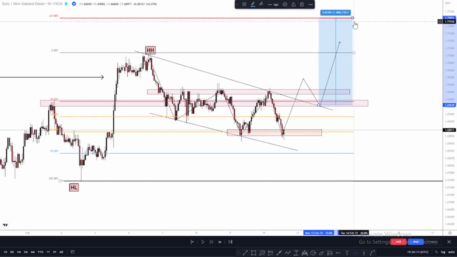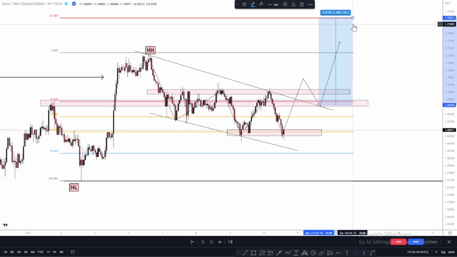This will be where we'll be targeting next for our take profit, probably our second take profit. So our first take profit will be at our 0% Fibonacci level, our higher high, and our second take profit will be at our negative 27 Fibonacci extension level.